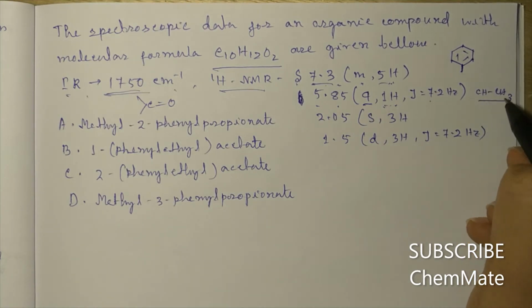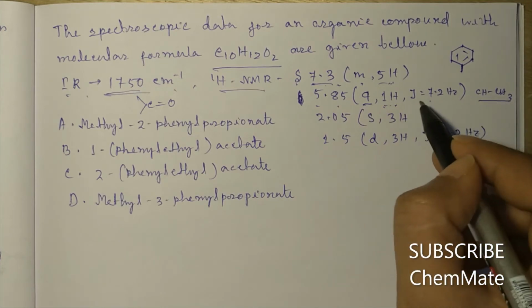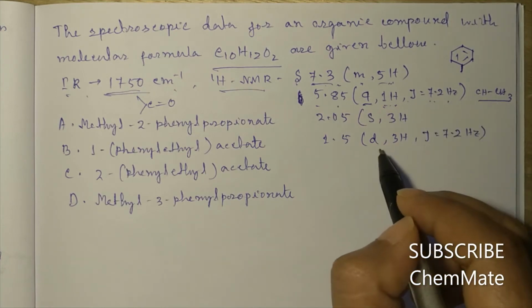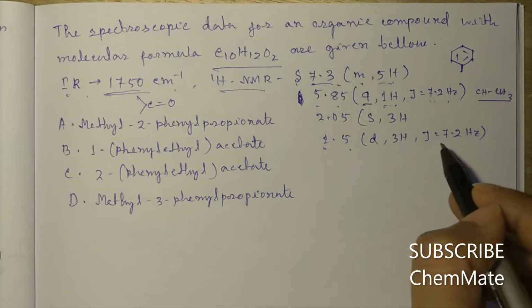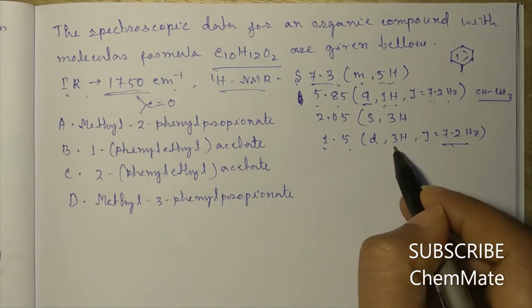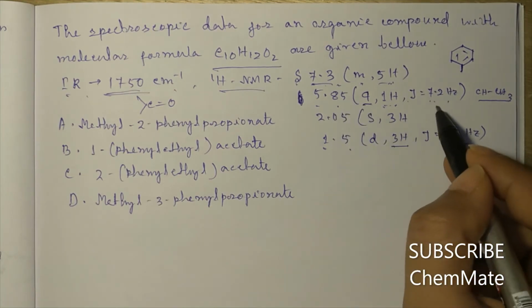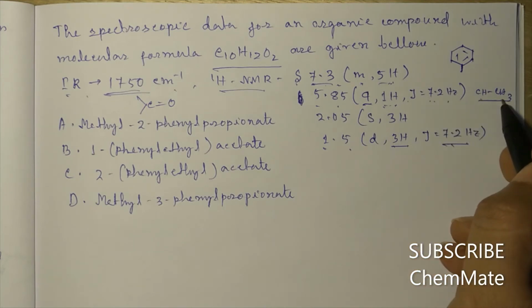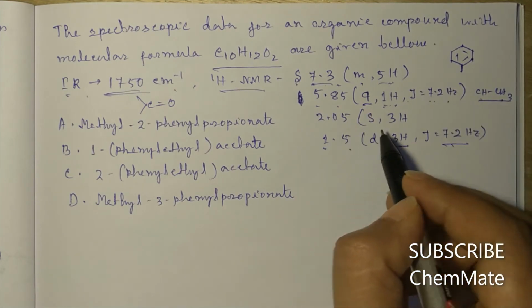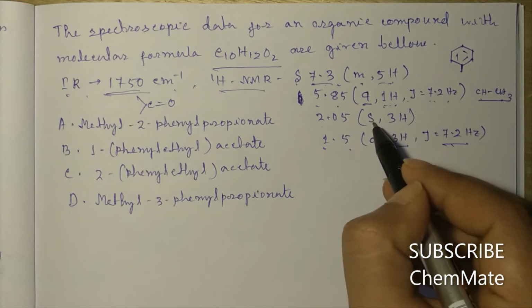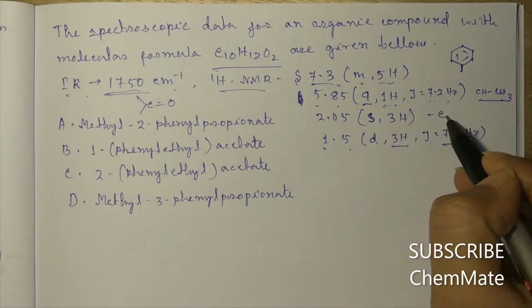Here J equal to 7.2, and another data 1.5, J equal to 7.2, and it is 3H. So there will be a CH-CH3 group, and another is 2.05, it is a singlet and 3H, so an isolated methyl group will be there.